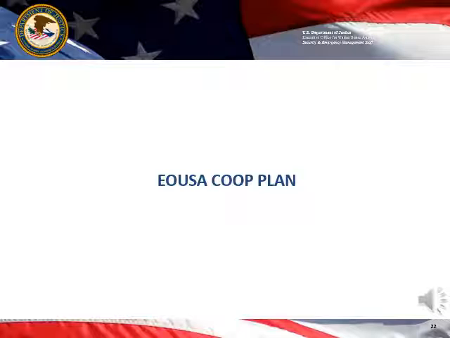PPD 40, National Continuity Policy, sets forth the policy of the United States to maintain a comprehensive and effective continuity capability through continuity of operations, continuity of government, and enduring constitutional government programs, ensuring the preservation of government structure under the United States Constitution and continuing performance of national essential functions under all conditions.